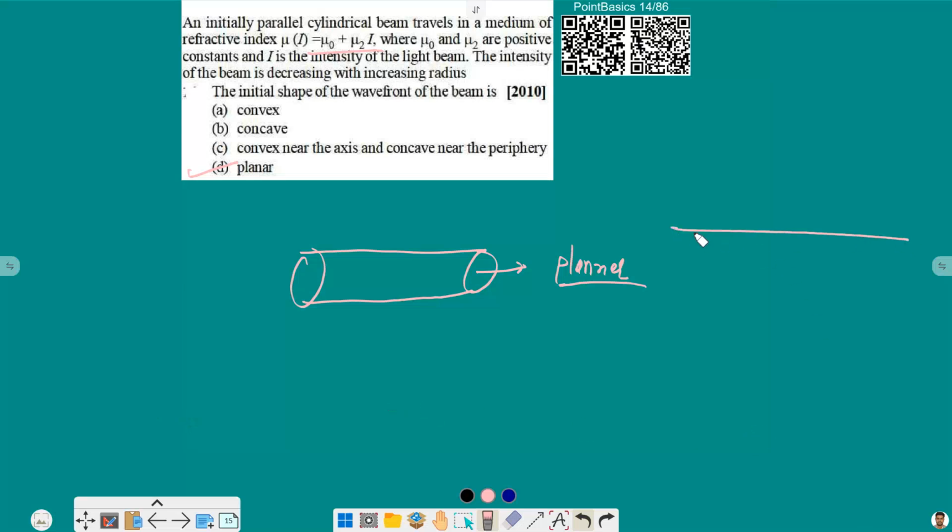Here suppose this is the boundary, and suppose this is the incident wavefront. So what happens to the incident wavefront? Suppose this is the normal and this is the second normal. So this wavefront starts bending like this.